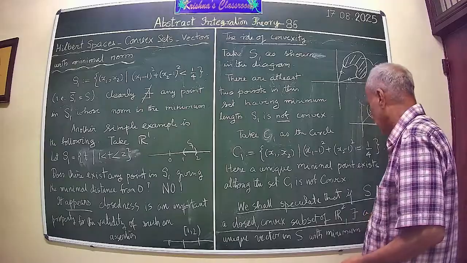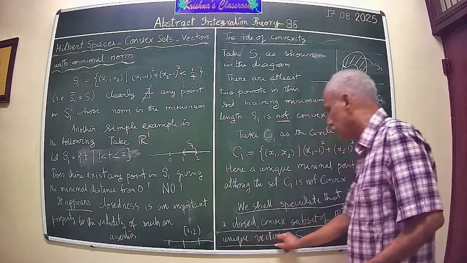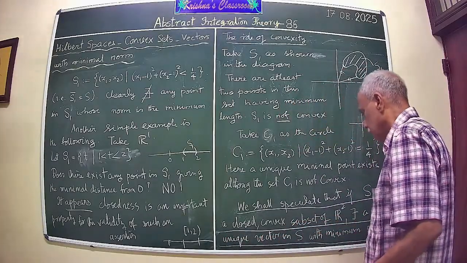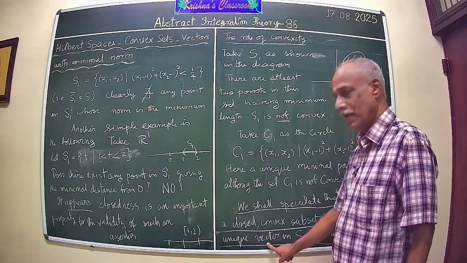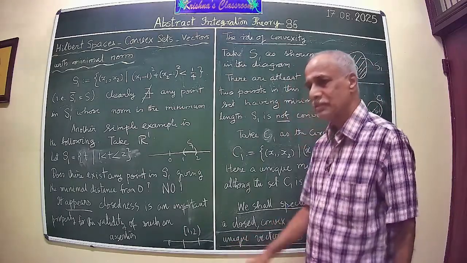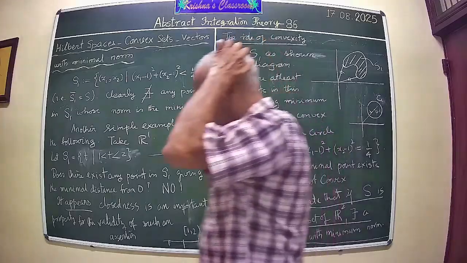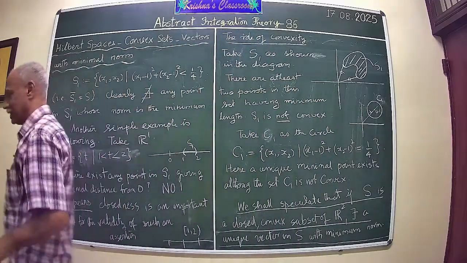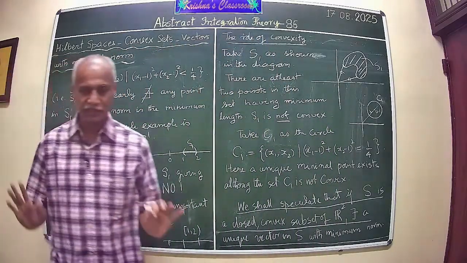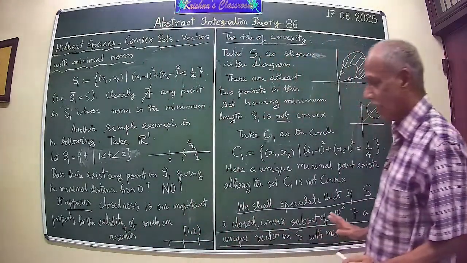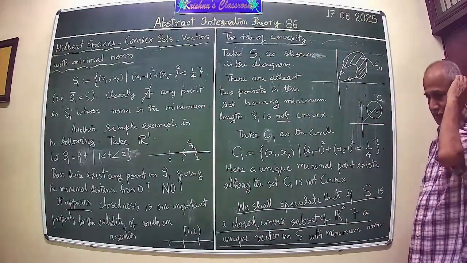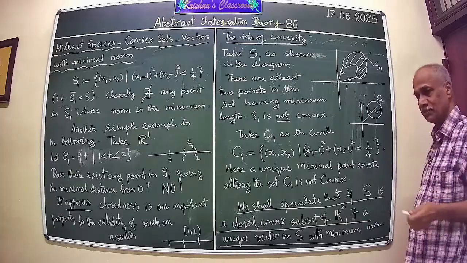Provided both these properties are there, you can assert that there exists a vector of minimum norm, and that there is one and only one such vector. So this is the sort of preliminary analysis through examples to arrive at a result.